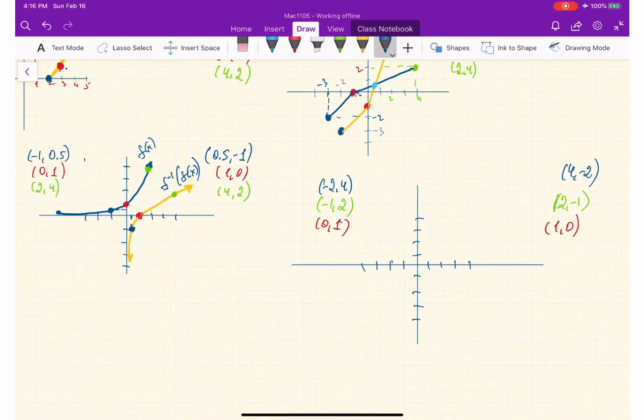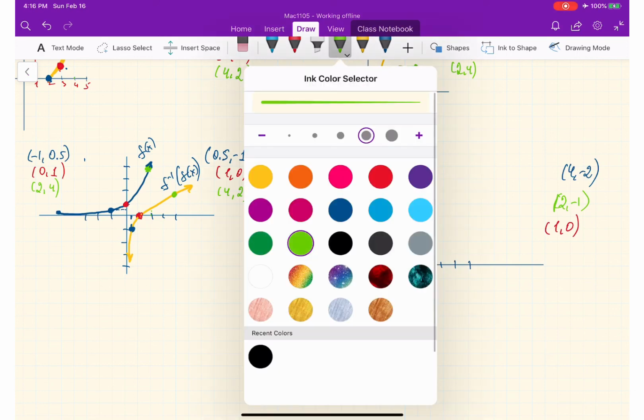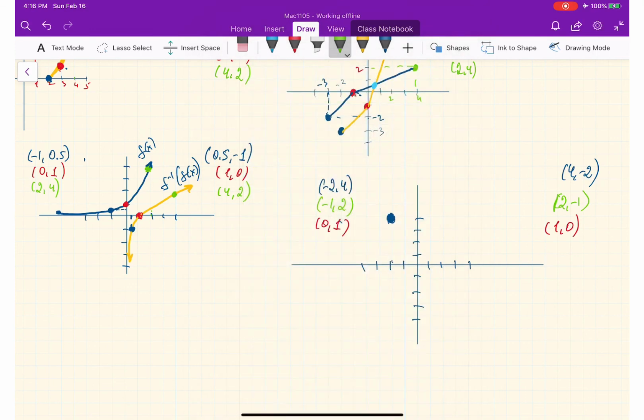So let me build position. -2 and 4. This is 1, 2, 3, 4. Okay, so negative 2 and 4, it's going to be right here. Green one, negative 1 and 2, and the red one 0 and 1. So the graph is going to go like this.